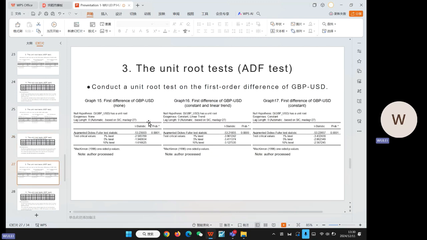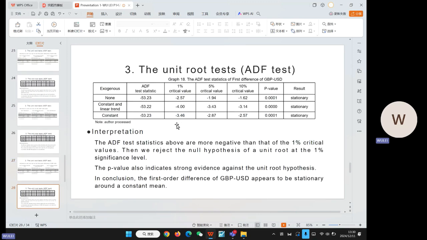We need to conduct a unit root test on the first order difference of GBP/USD. The results are from EViews. The ADF test statistic is more negative than the 1% critical value.